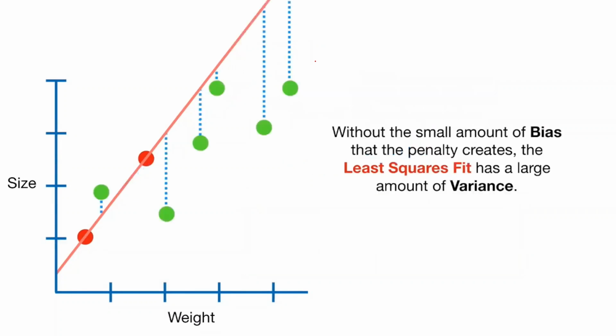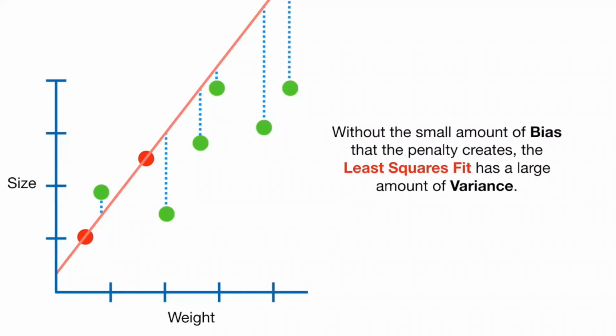So with the introduction of a small amount of bias in the data, we created a penalty, and it has worked well with the large amount of variance in the data.